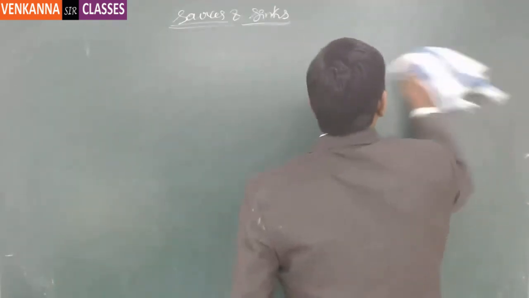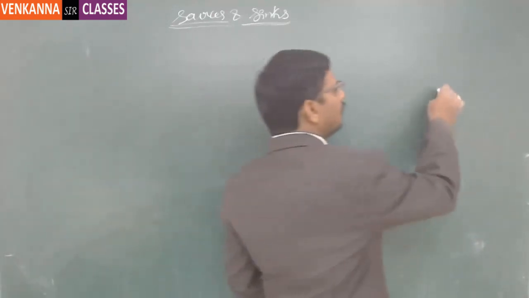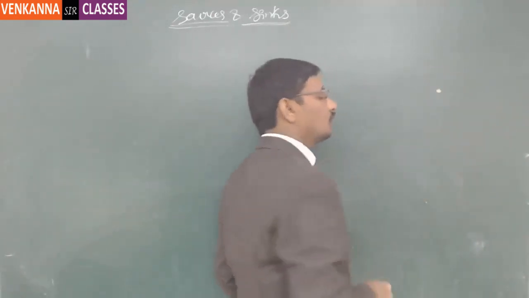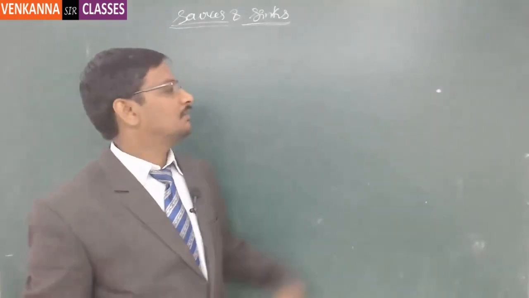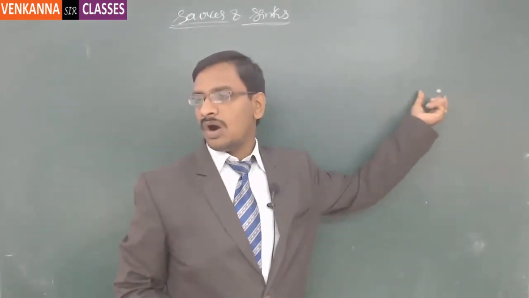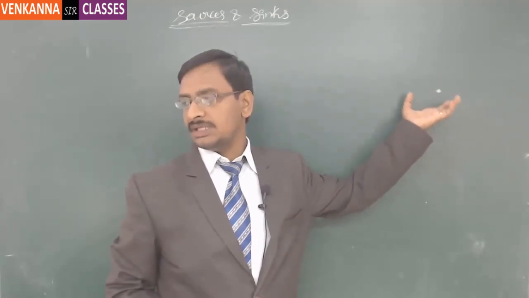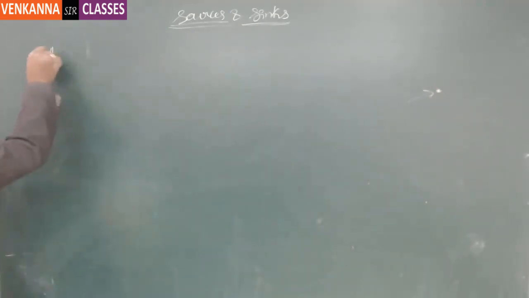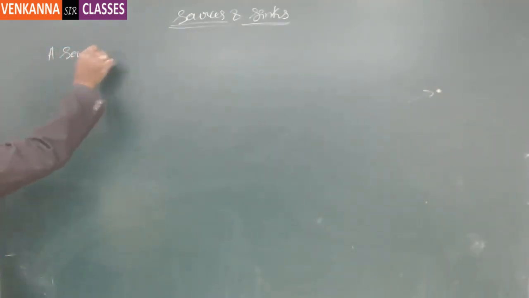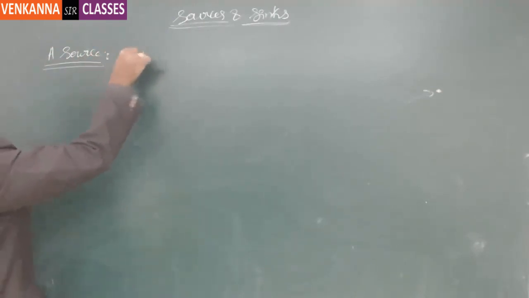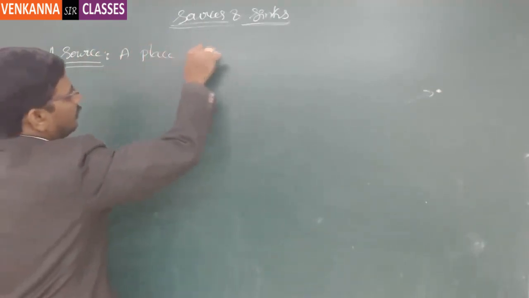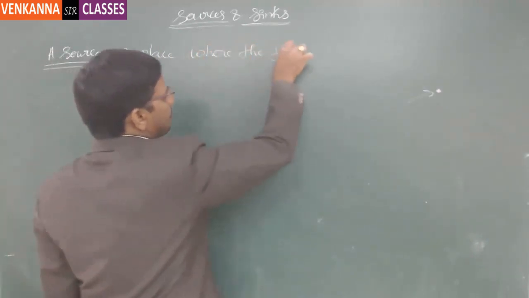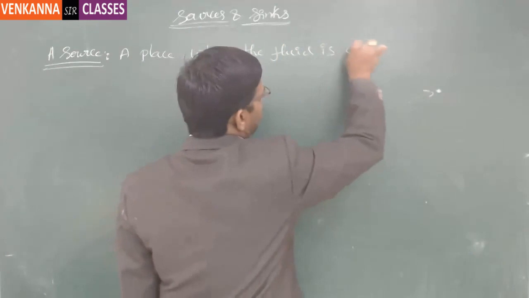Now, coming to the concept of source. This is an abstract concept, so in reality it may not be there. There are two different kinds of sources. The source is a place where the water is continuously produced. A source is a place where the fluid is continuously generated.